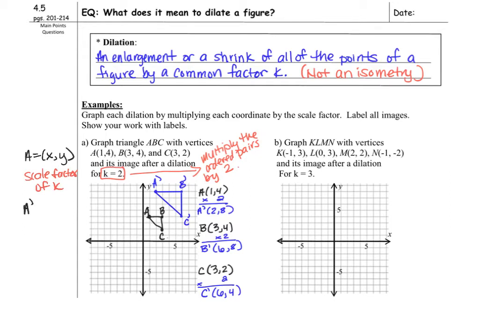So A prime, or whatever your point would be, is k times the x and k times the y. This is how you do a proper dilation.